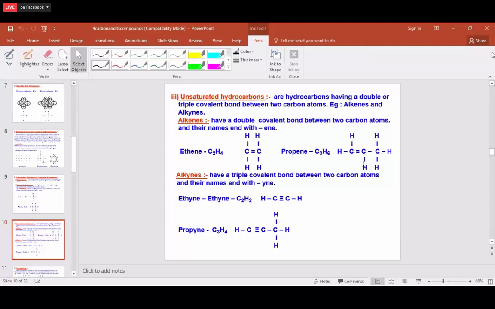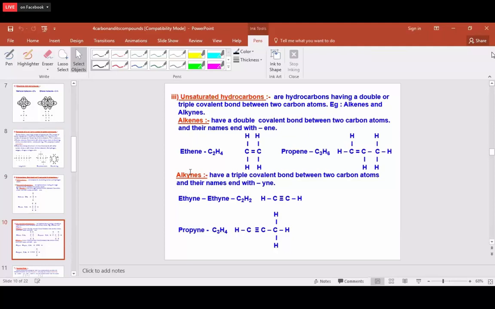That electron is shared with one hydrogen atom. So 1, 2, 3, 4: four bonds are present for this carbon atom. This one has one bond with this carbon and three bonds with three different hydrogen atoms. So this is the structure of propene.